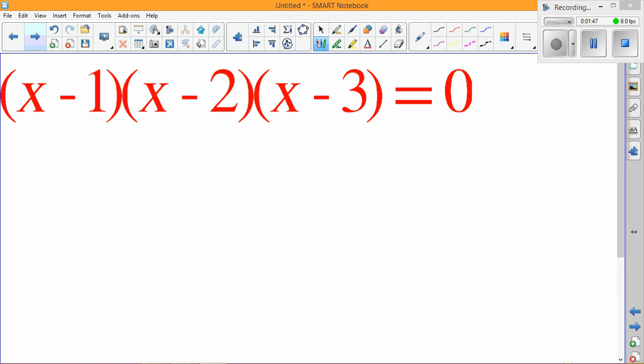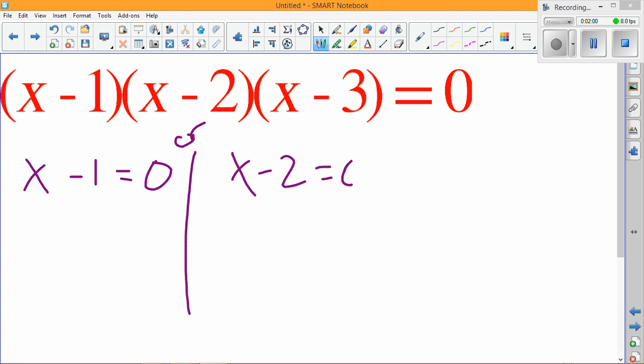So to find the solution set for this equation, or numbers that might work for this equation, either x minus 1 has to be 0, or x minus 2 has to be 0, or x minus 3 is equal to 0.